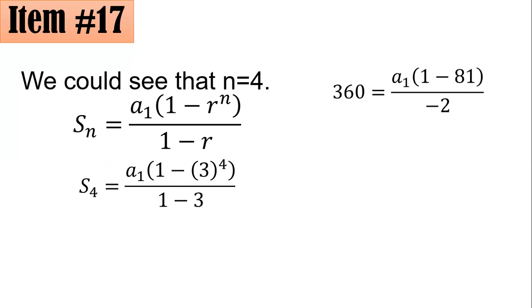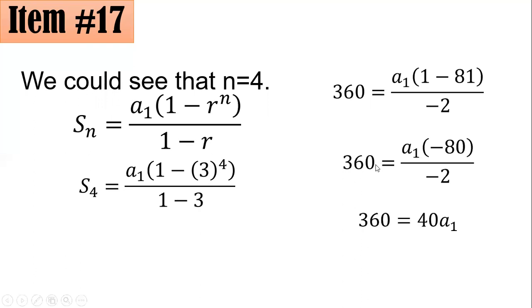But your fourth term is 360. So you have 360 equals the first term multiplied by 1 minus 81, all over 1 minus 3, or negative 2. The 1 minus 81 simplifies to negative 80.